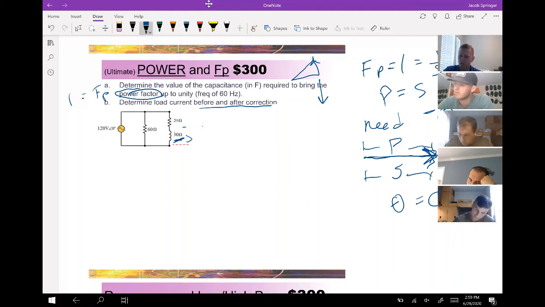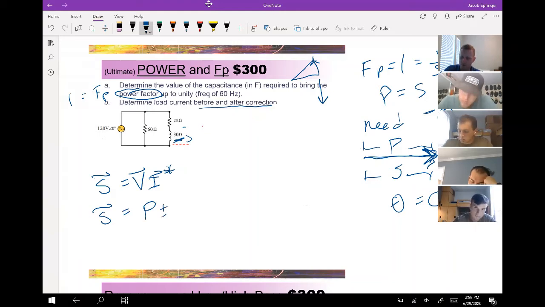So the first step for this one: the goal is to get to my Q, right? So how do I get to the Q? The way for me to do this is to get to S equals V I complex conjugate. The reason I'm going to do that is because if I can get S as a vector, then I will have P plus or minus jQ, and that will give me the Q I need, right?